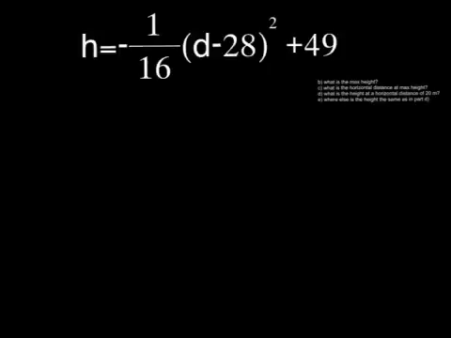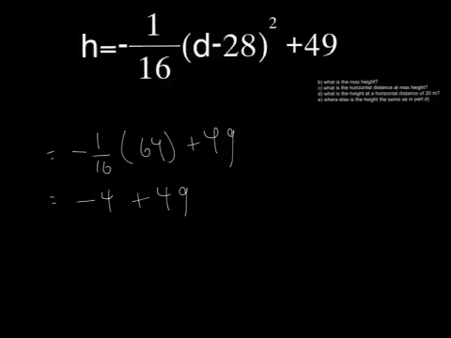So we had negative 1 over 16 times 64 plus 49. This is going to be negative 4 plus 49. This is going to be 45 meters.